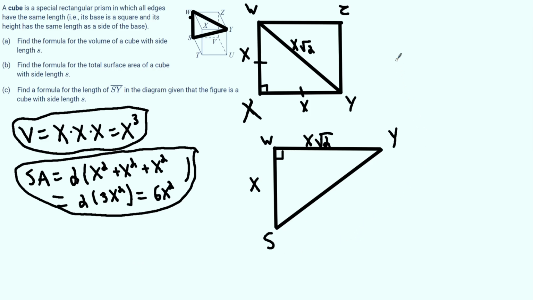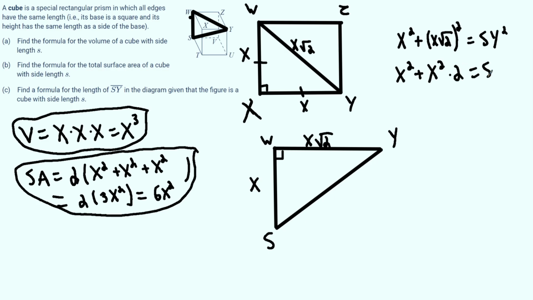So if we use Pythagorean theorem, we have x squared plus x times the square root of 2 squared equals SY squared. So x squared stays the same, plus x squared times the square root of 2 squared is 2, equals SY squared.